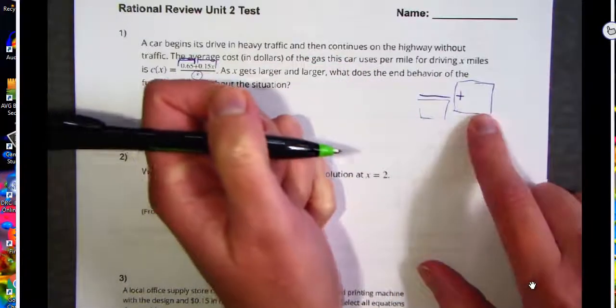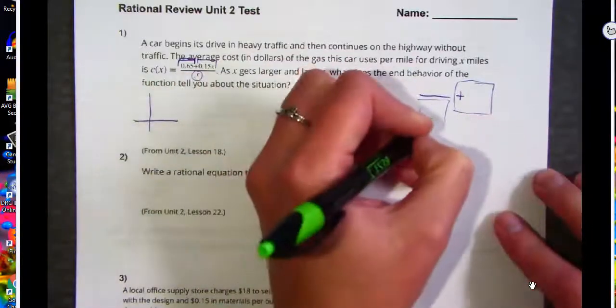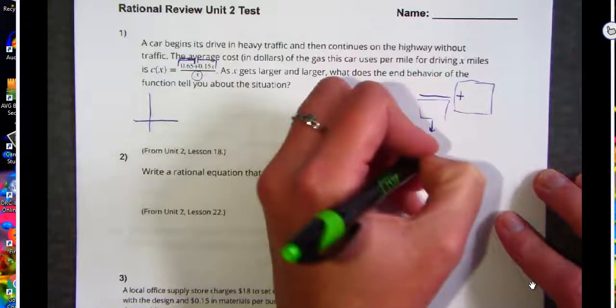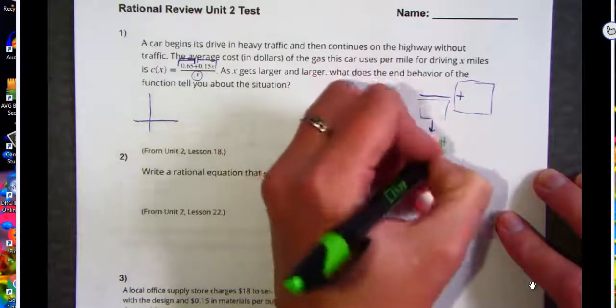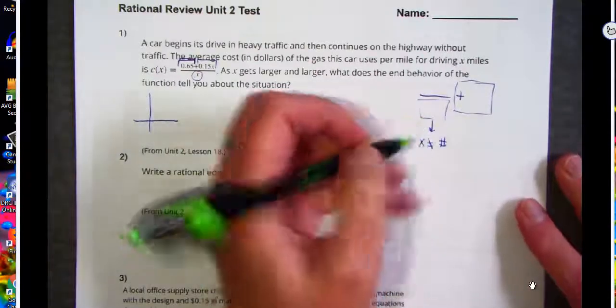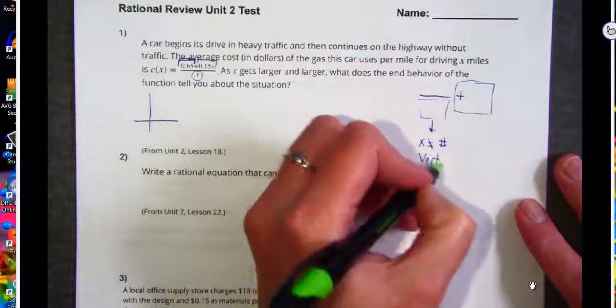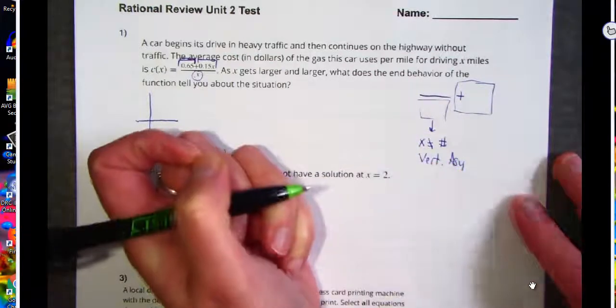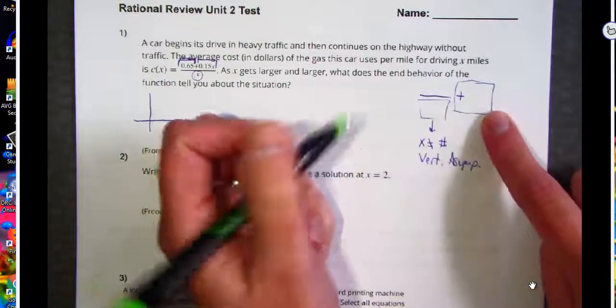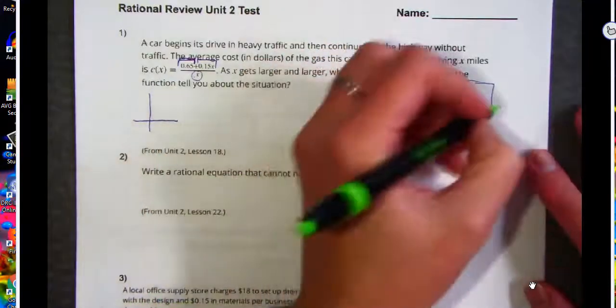We have a fraction and we're adding or subtracting something to it. This denominator tells us our vertical asymptote because it tells us what number x can't be equal to. That's what's going to tell us our vertical asymptote. It is the constant that is not part of the fraction that would tell us the horizontal asymptote.